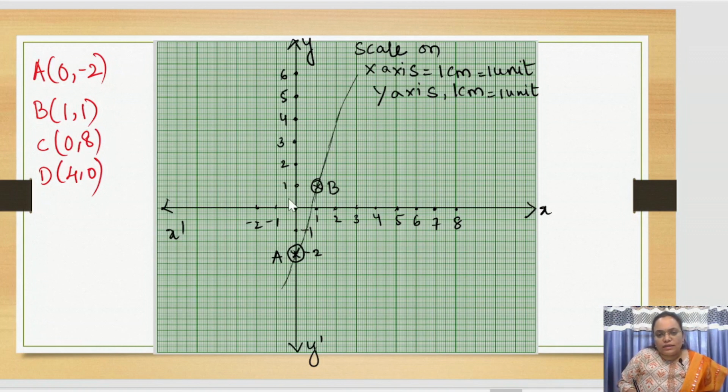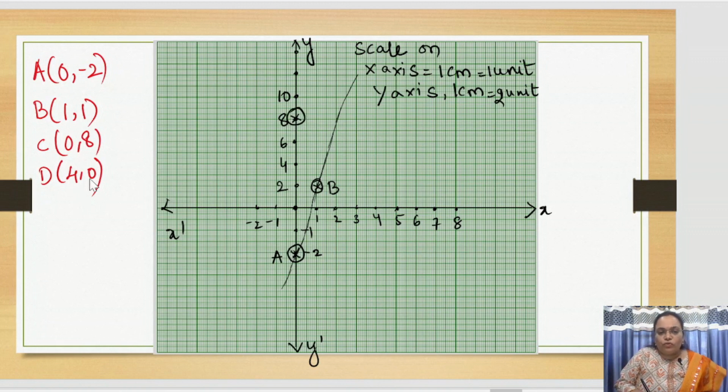0 and 8. 0 on the x-axis, 8 on the y-axis. So, let me take 1 centimeter is equals to 2 units on the y-axis. Okay. 2, 4, 6, 8, 10. Now it is fine. 0 and 8: 0 on the x-axis, 8 on the y-axis, which is here.